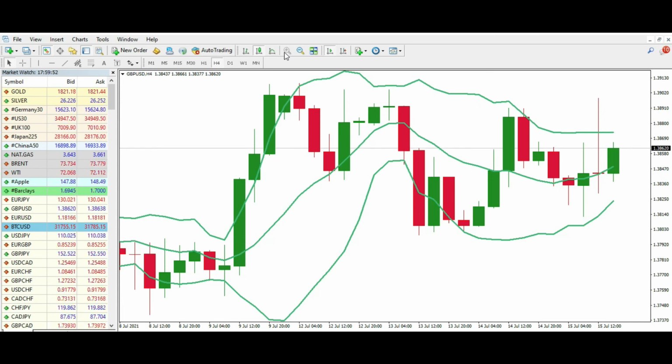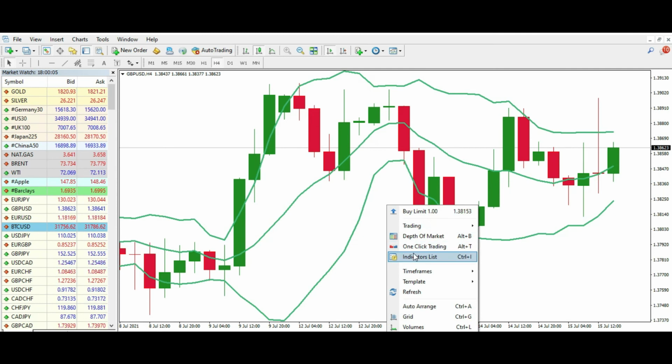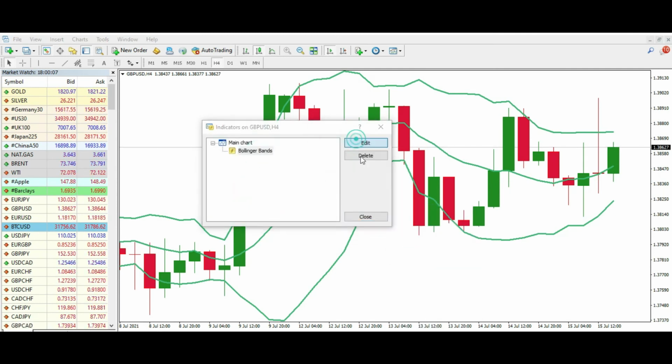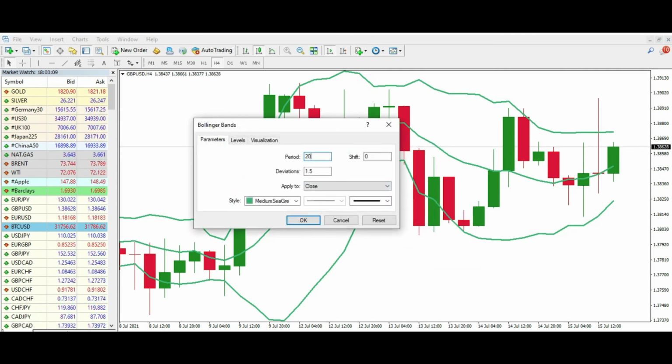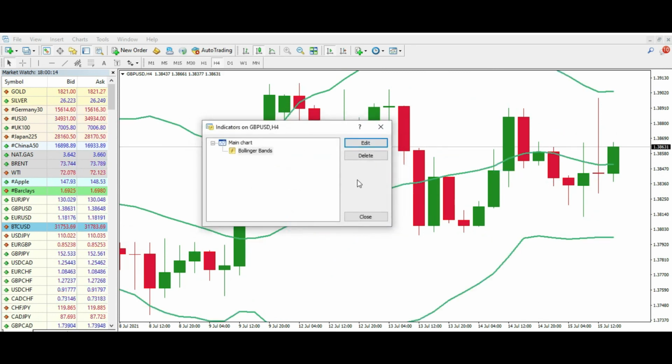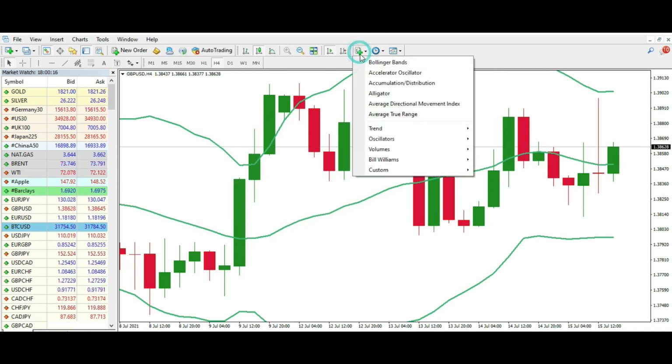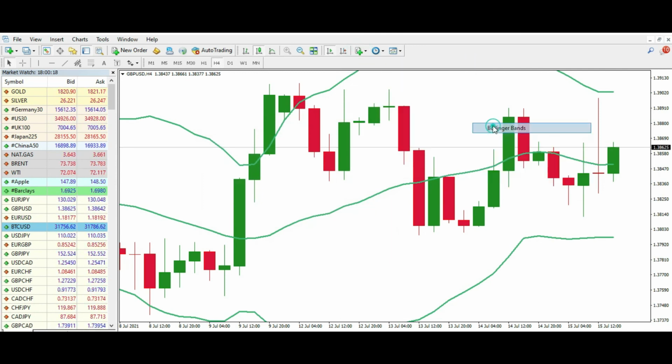And in the end, I want to show another strategy about the Bollinger Bands that people can use. It's a double Bollinger Bands strategy. How does that strategy look? You just put 2 indicators. The first one, let it be standard, 20 and 2. And you add another Bollinger Band.